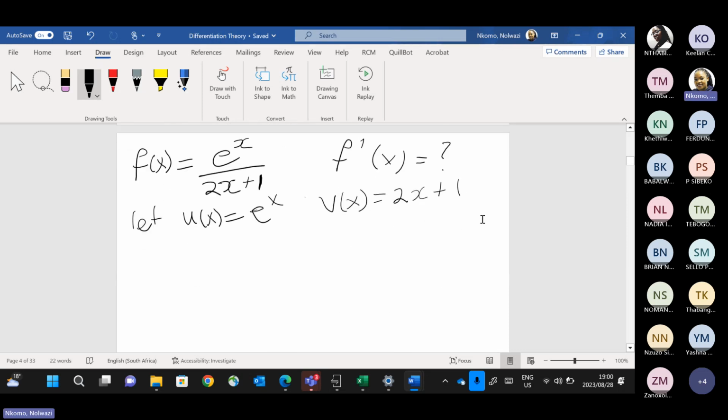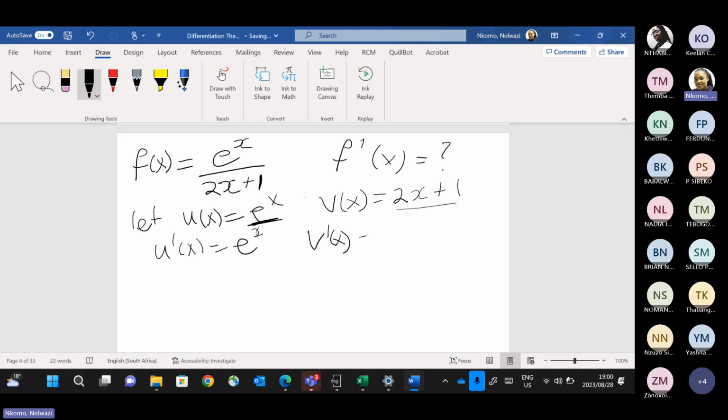Okay, we said our u is e to the power x. If u is e to the power x, that means your u prime at x will also be e to the power x, because the derivative of this function is the function itself. But for our v prime at x, we need to apply the power rule here to get v prime.